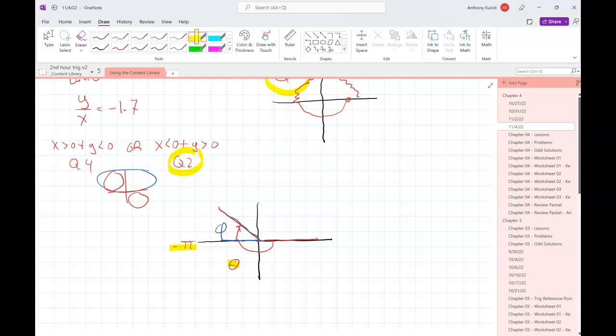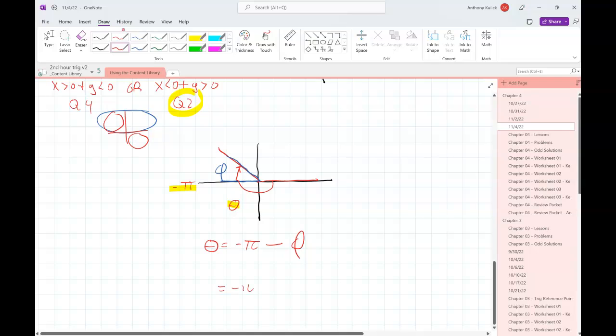It's going past negative pi, meaning it's more negative. Since I know theta is less than negative pi, I need to subtract from negative pi. And how much am I subtracting? That angle phi.